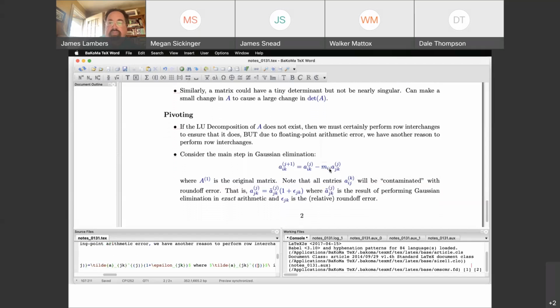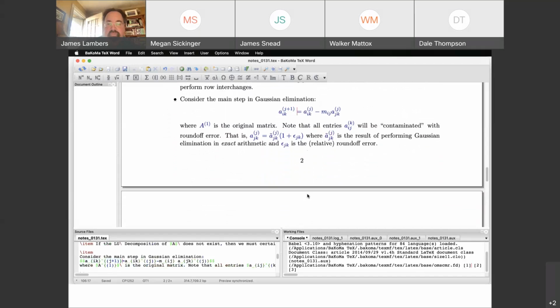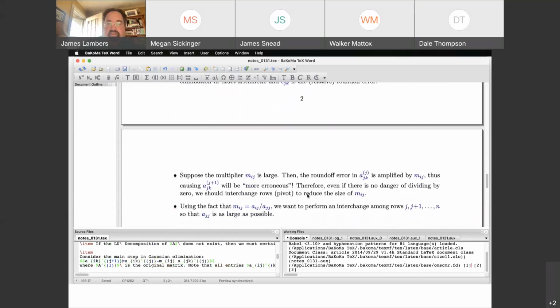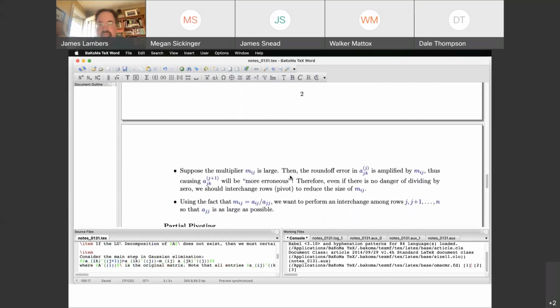What if a multiplier is large? Then this error in this entry that may have been extremely small, maybe on the order of 10 to the minus 16th or something like that, now becomes large and contaminates this entry even more. And that's the point that I'm making here.